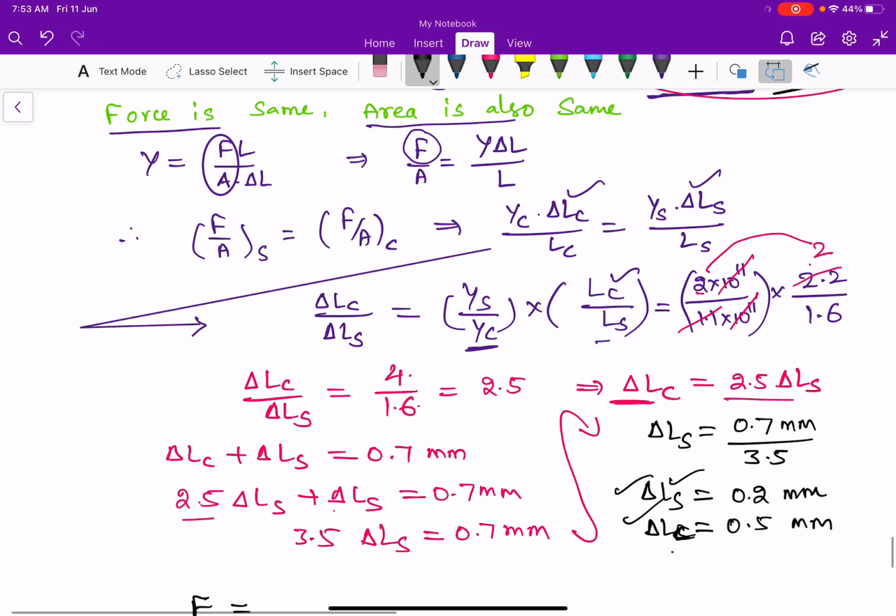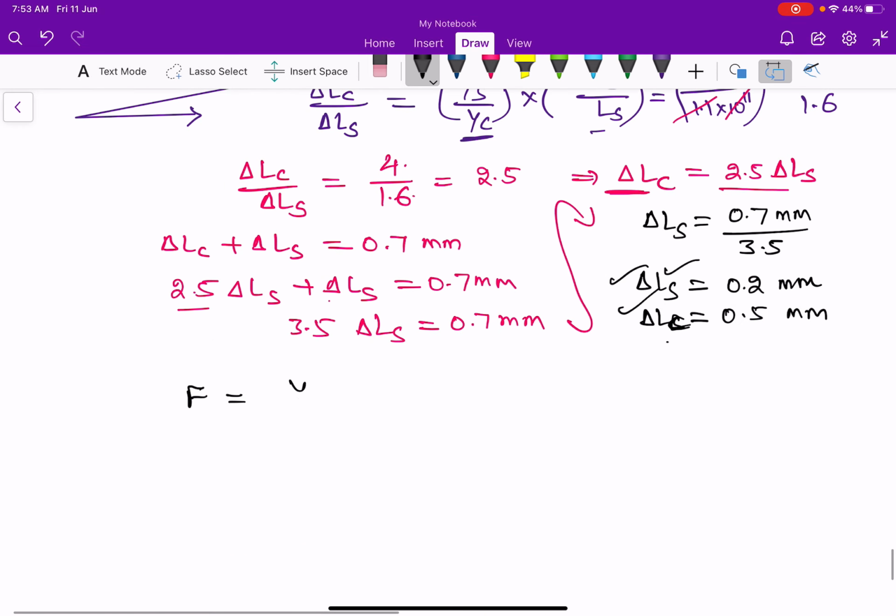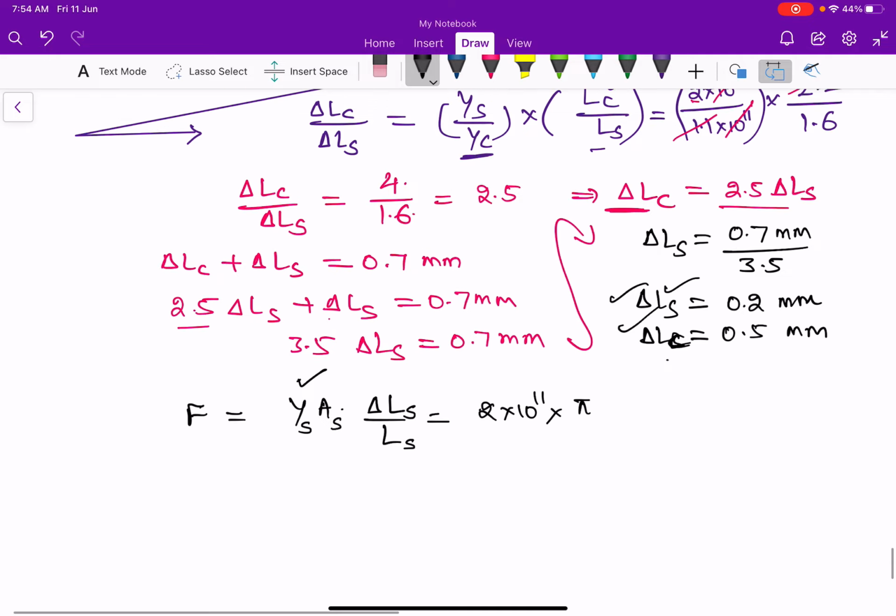What is the common force applied? The formula for force applied is Y A ΔL by L. So force is Y of the steel, area of the steel, ΔLS divided by LS. We know Young's modulus of the steel is 2 into 10 to the power of 11, into area, which is pi.